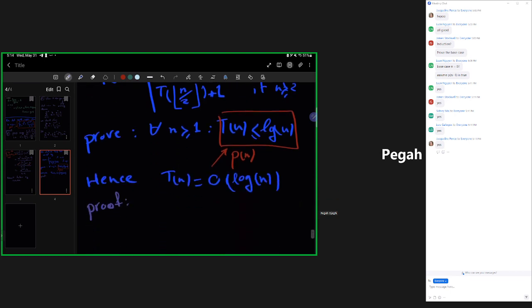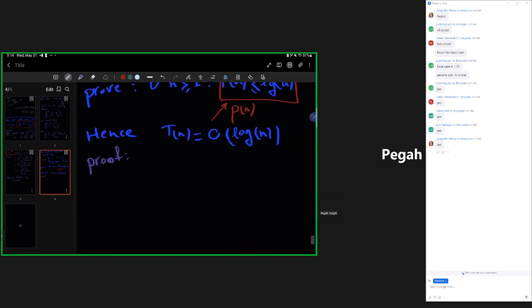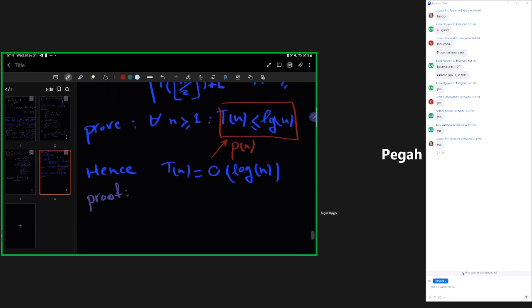When you have an inequality that holds for any n, you need to use induction.